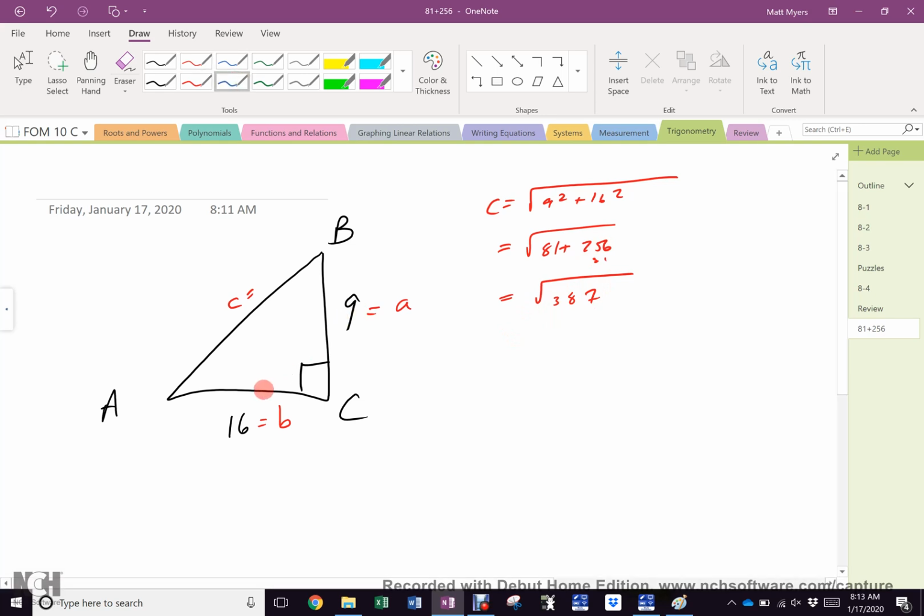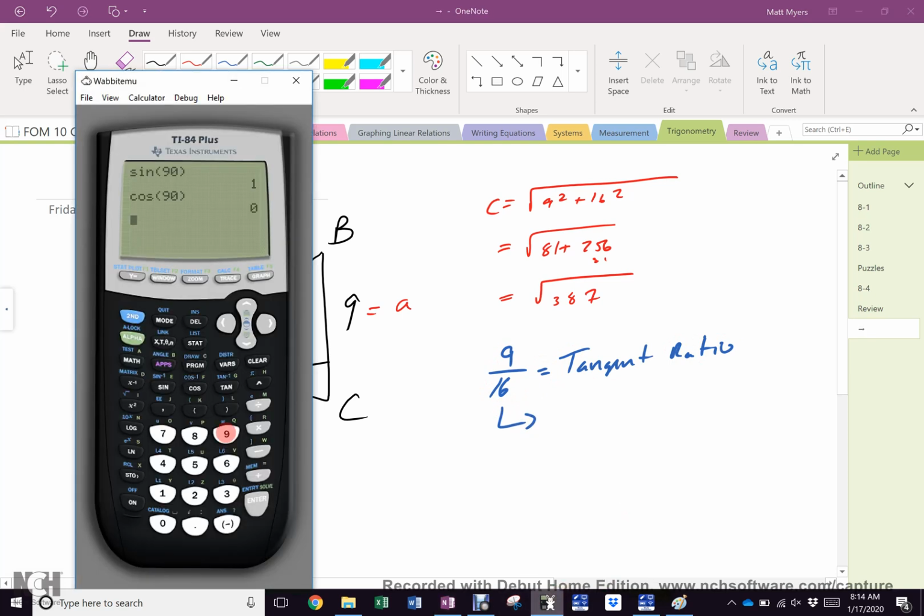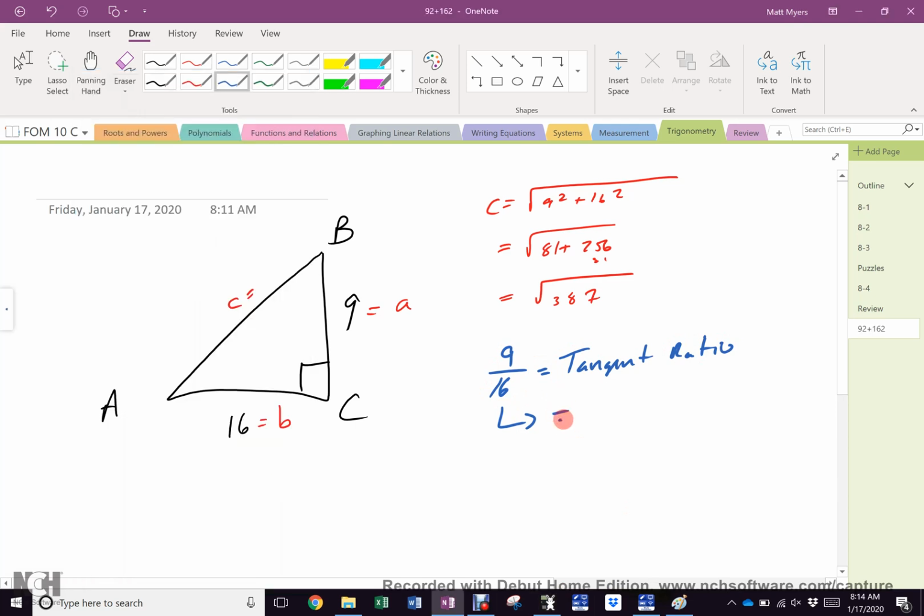Yesterday we discovered that if I compare these two things, 9 divided by 16, that gives me a decimal. That is a ratio. When I compare the two legs, I get what is called the tangent ratio. And that tangent ratio can also be written as the decimal 9/16, which is 0.5625.